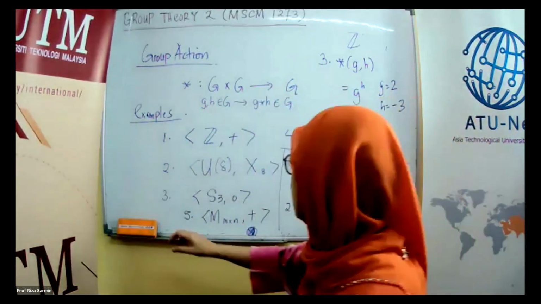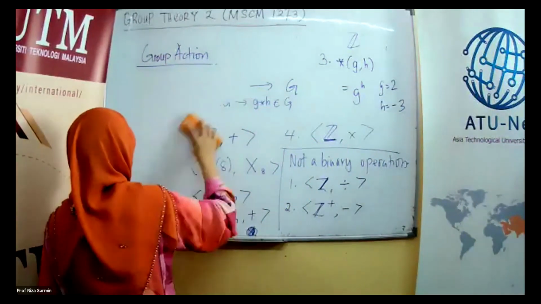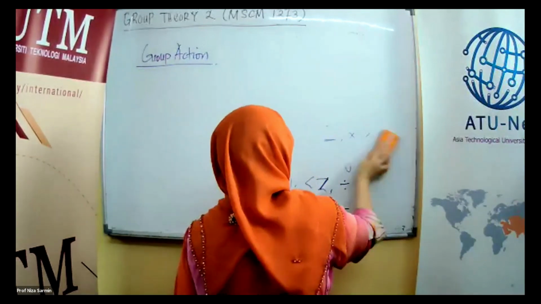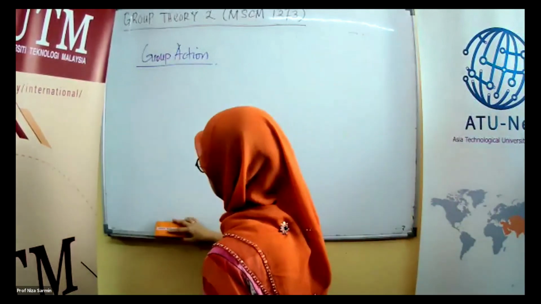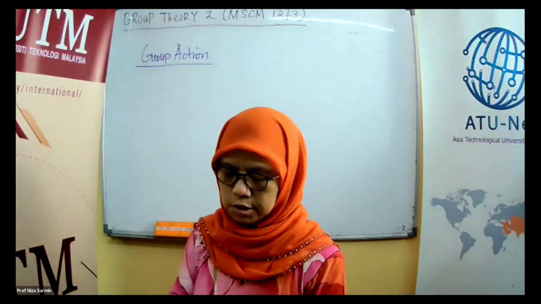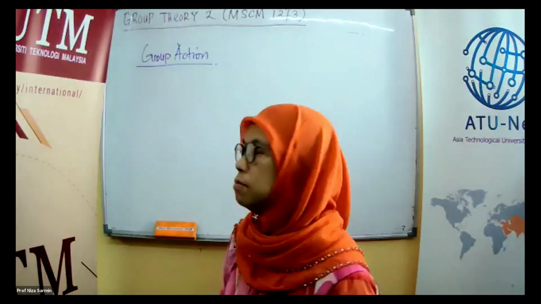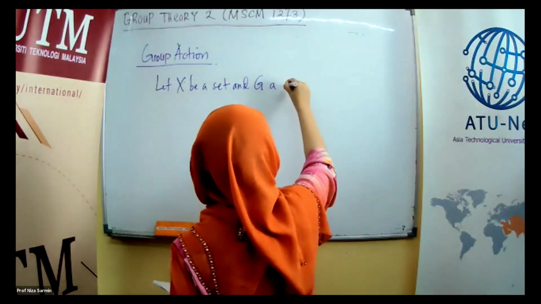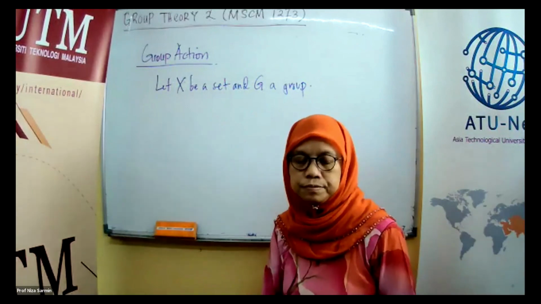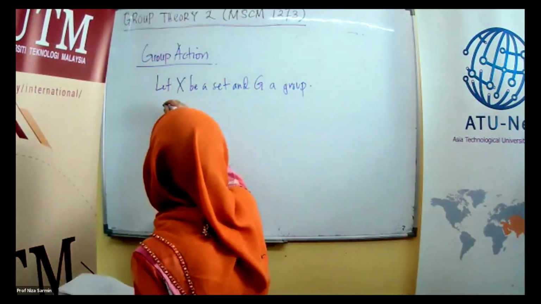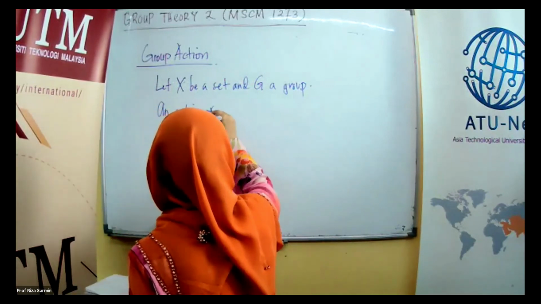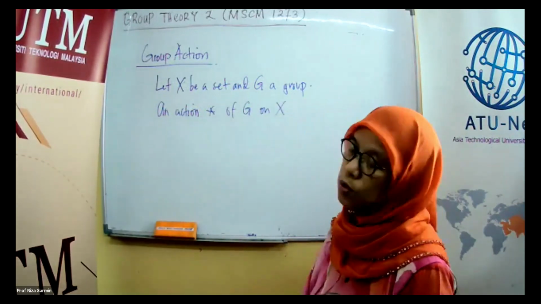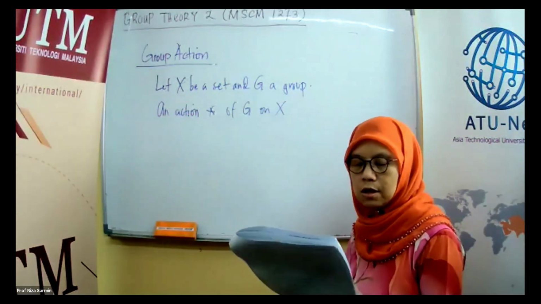All right, okay. Group action. Now a group action, you have to have a set and a group. And action star of G on X. So we say G acts on X. That's the word.